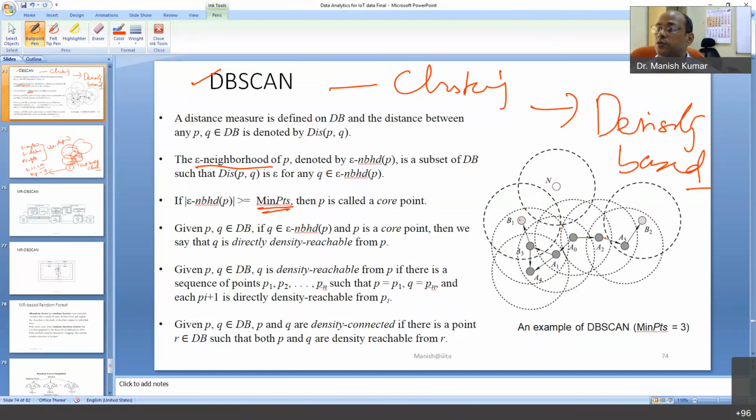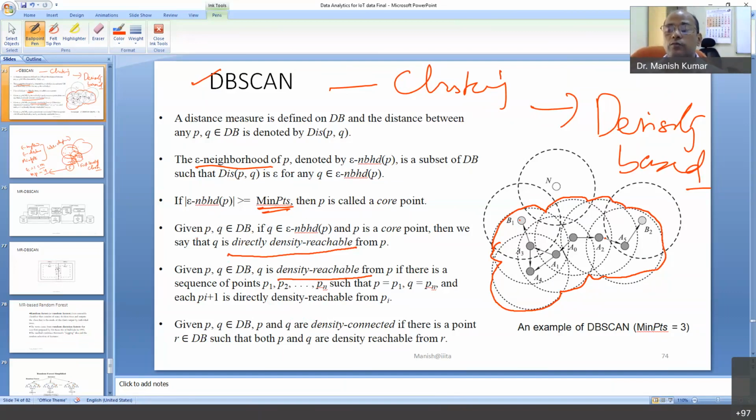And all these are density connected points. So the clusters, if you look, will be shaped like this. So this is a very arbitrary shape of clusters it generates, and it generates on the basis of directly density reachable and density reachable points.